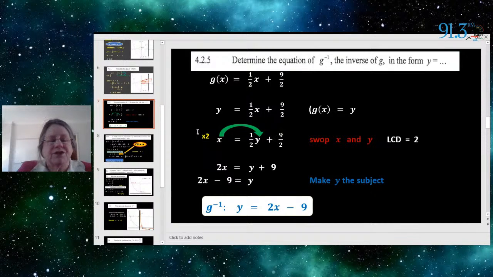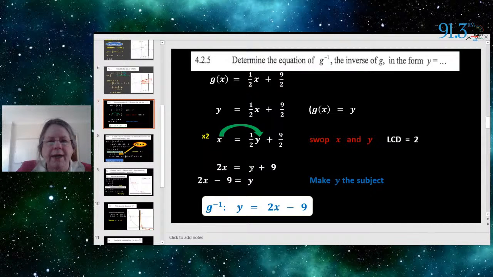So I'm stressing here again, you need to understand the algebra workings around an LCD and getting rid of fractions. So times 2, we'll end up with 2x equals times 2 here. We'll get rid of the 2 at the bottom.